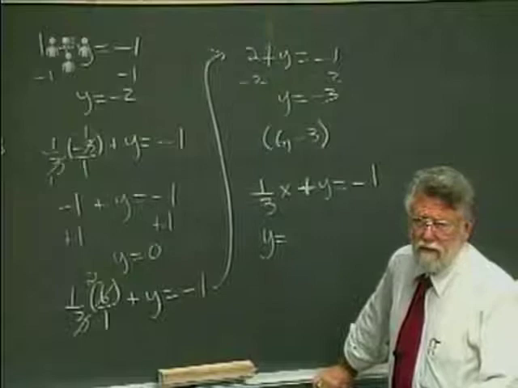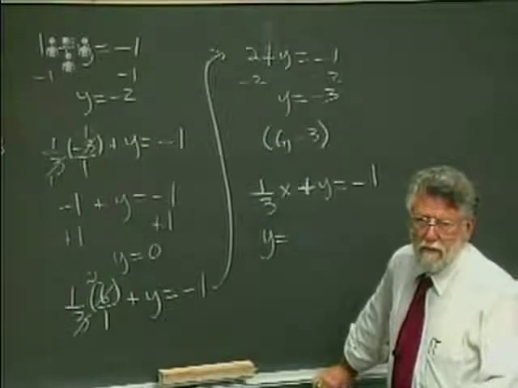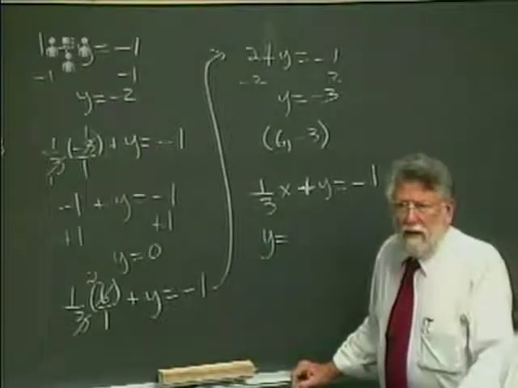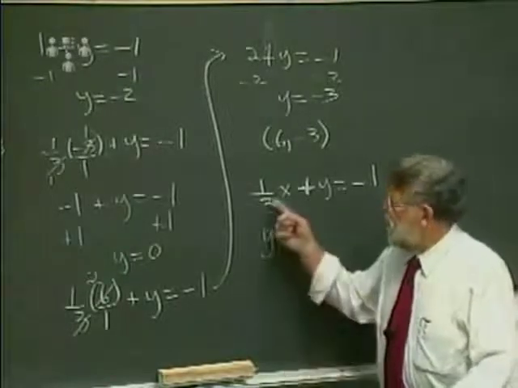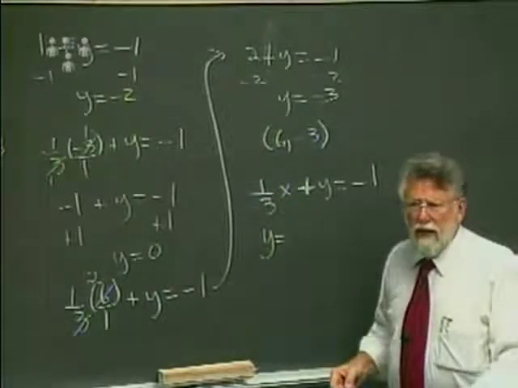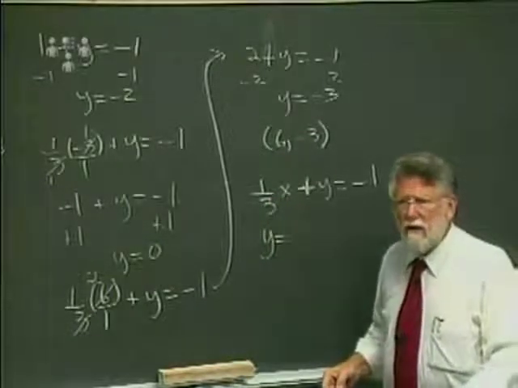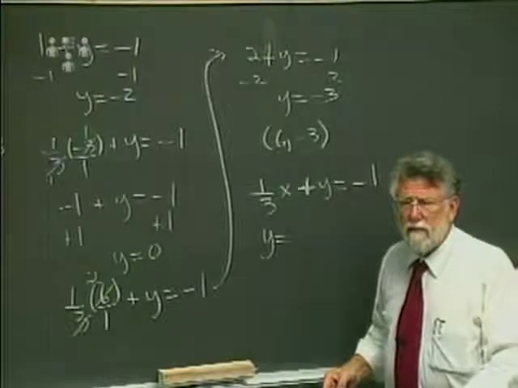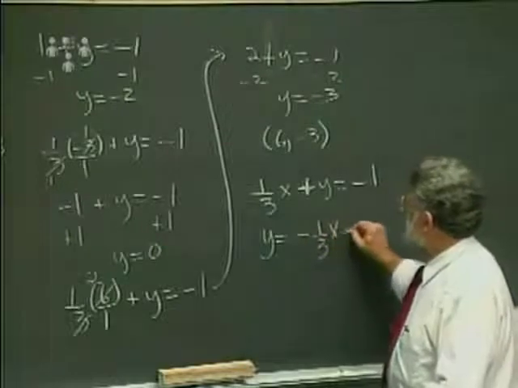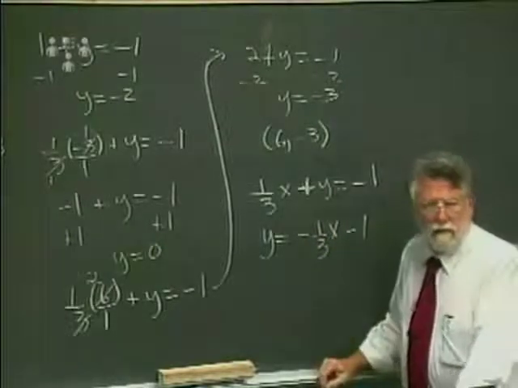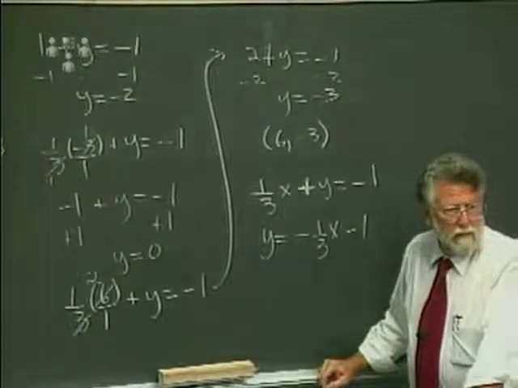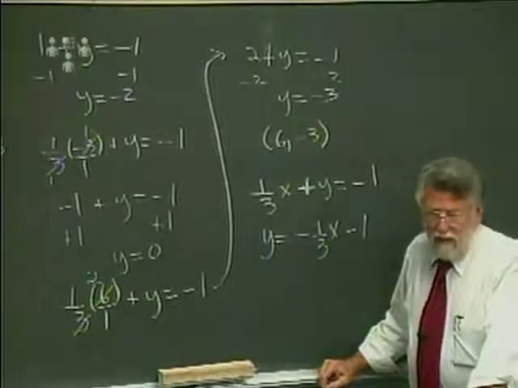How do I get rid of a term? I subtract it, right? I want to get that term out of the left side. So I'm going to subtract 1/3 x from both sides. What does that give me on the right side? Negative 1/3 x minus 1. Do you follow that step?